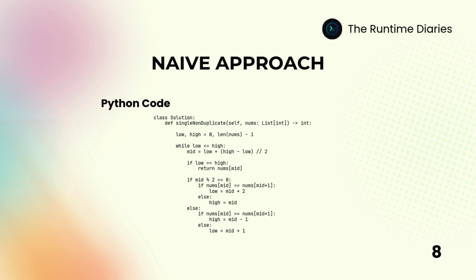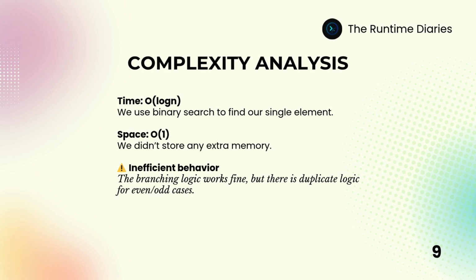This is often the "it works but feels messy" moment in coding, the perfect place to look for optimization. Even this naive version is already O(log n) time and O(1) space because we keep cutting the search range in half and using constant extra memory. But notice the branching duplication. That's our hint that there's a more elegant structure hiding underneath.